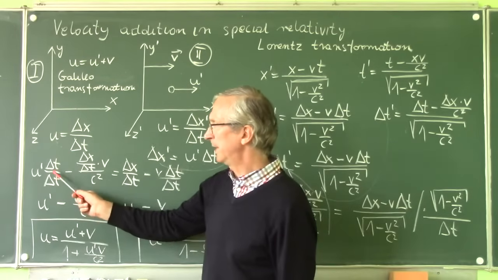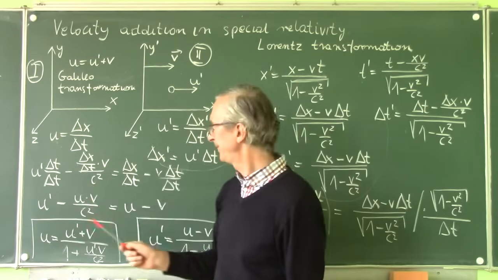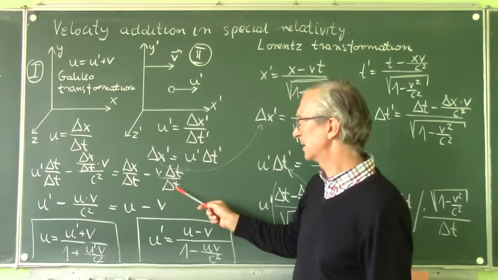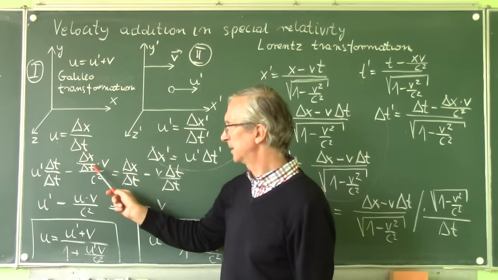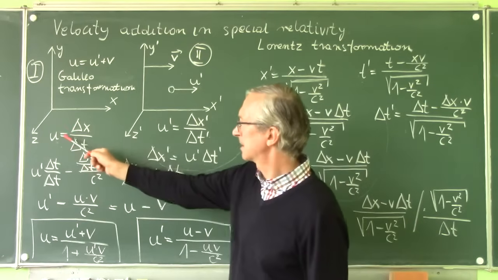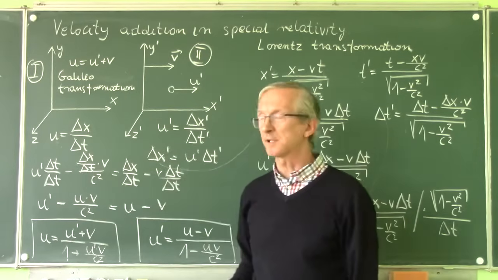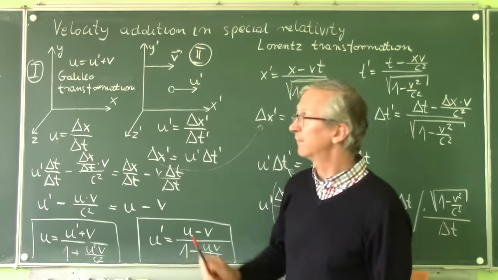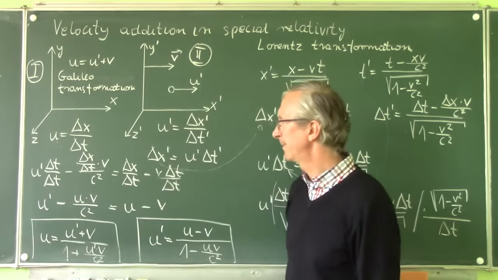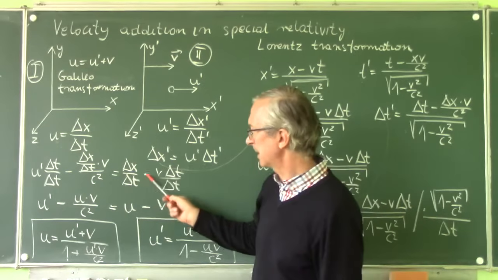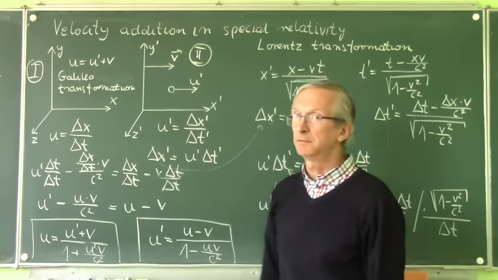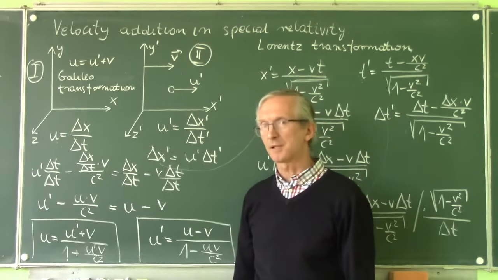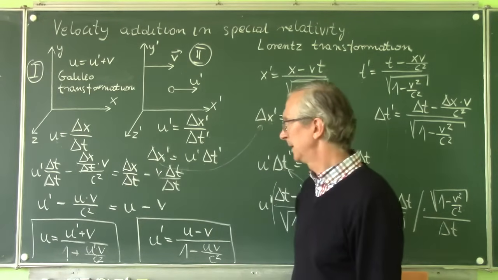Delta t divided by delta t is just 1. Delta x divided by delta t, it's u. It is the velocity of this object measured in the first frame of reference. And the same is here. So we have this equation. And now we almost solved our problem.